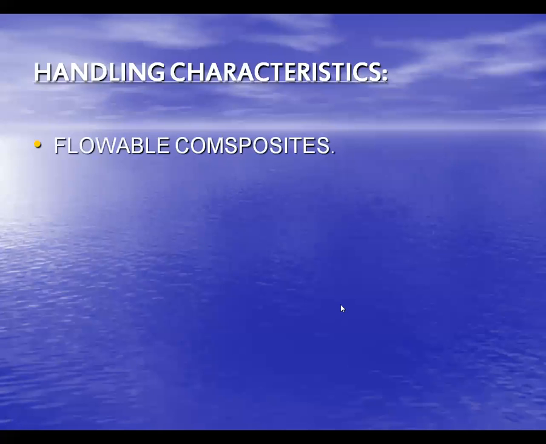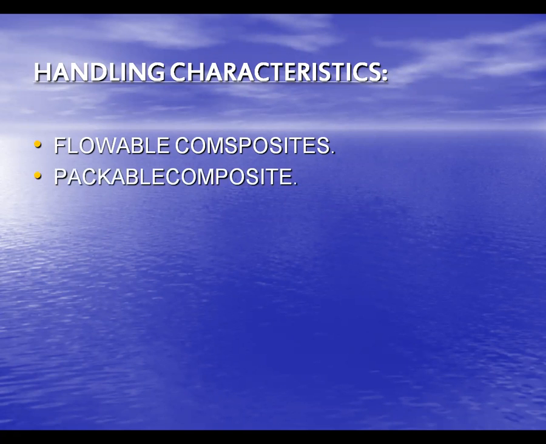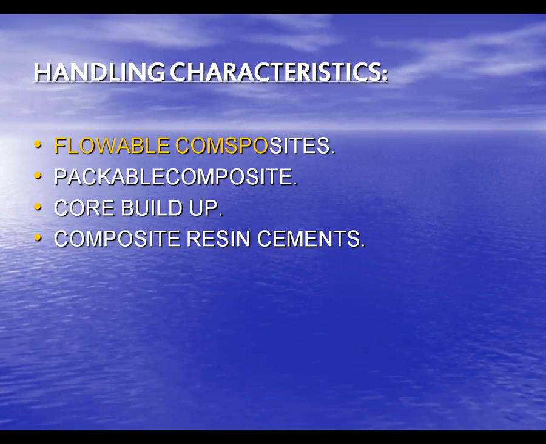Then again it starts with the handling characteristics. Means depending upon the viscosity of the composite, composite can be classified as a flowable composite, packable composite. Right. Again, core build-up composite and composite resin cements.